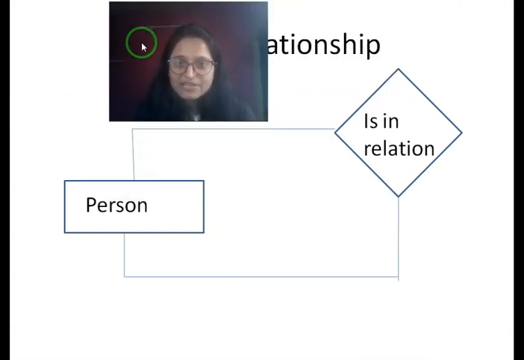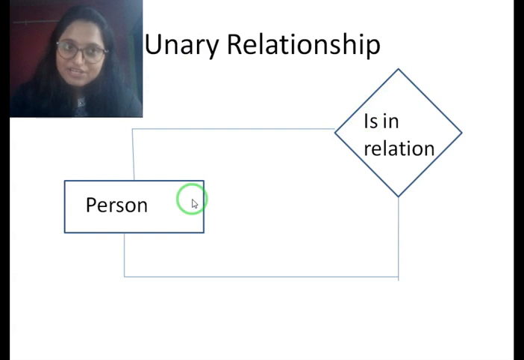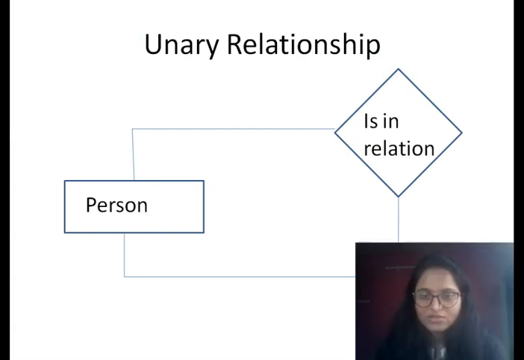I take multiple examples of each type of relationship. First is unary relationship. We already covered the definition of unary relationship. If only one entity is associated in a relationship, that time it is termed as unary relationship. Suppose your mother is someone's wife, means a woman.